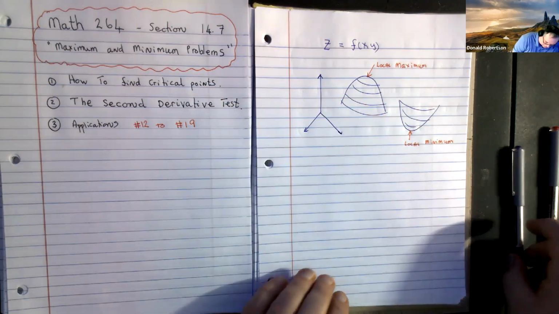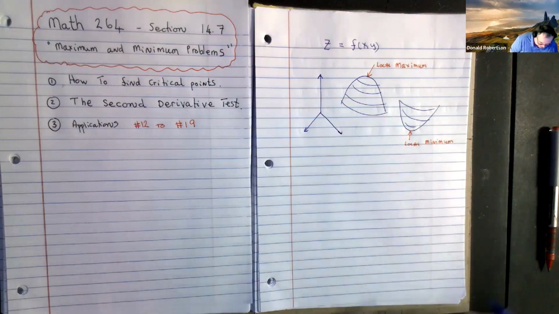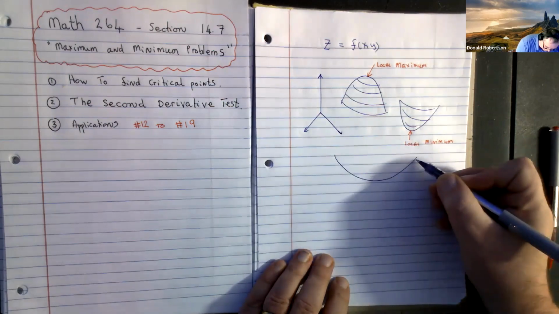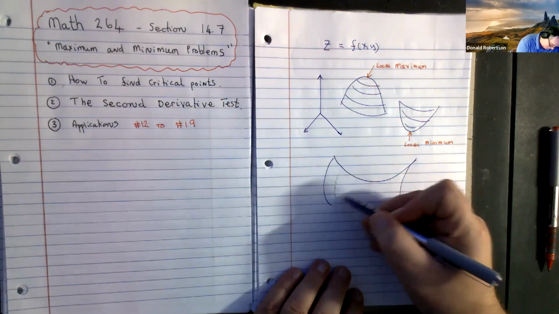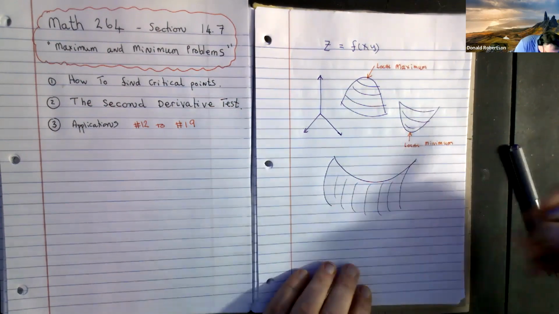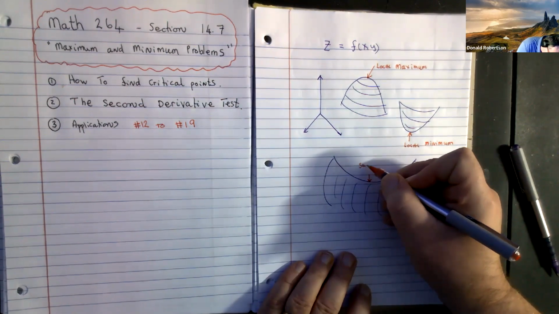There is a third shape that we are after. We want to find where it is, and that shape's called the saddle point, and I'll try my very best to draw it. It looks something like this. And this point here is called a saddle point.